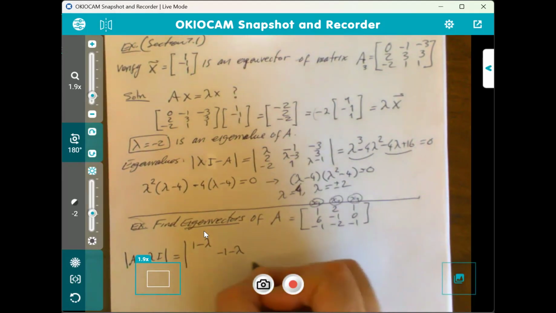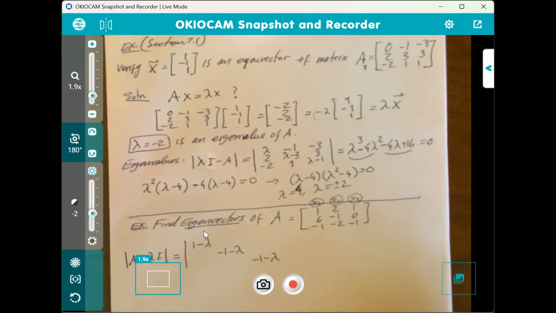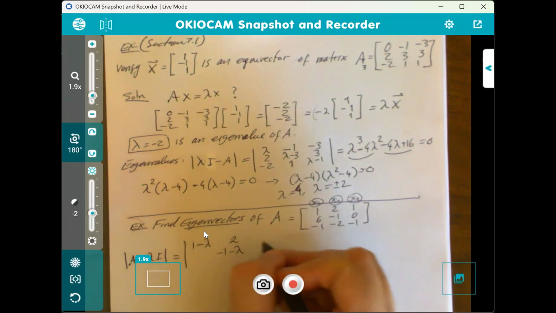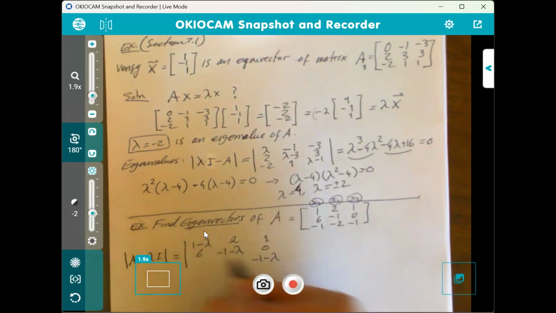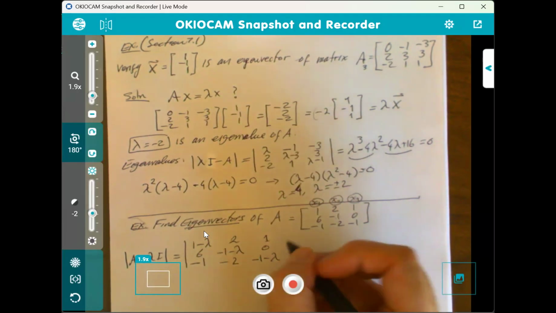I'm doing the diagonals first and then bringing in the other numbers. The other elements of matrix A, the off diagonals, 2, 1. And then I have -1 here, 0 below this one, 6 in the second row, first column, third row, first column, third row, second column. There we have that one.